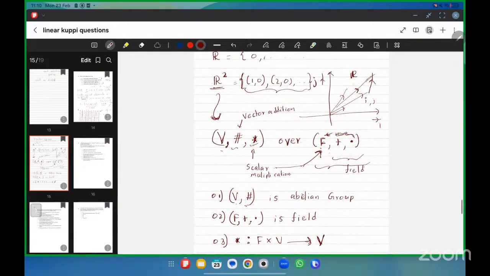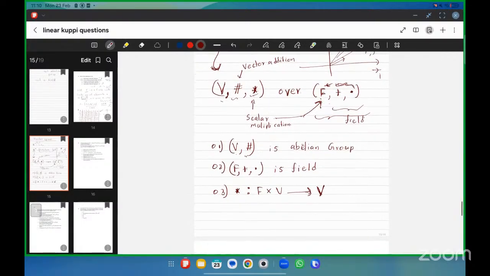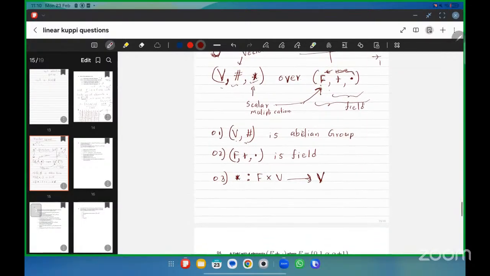Just imagine we are multiplying the vector with one number, and finally we are getting a vector as output. So that is scalar multiplication, and that is in this condition.